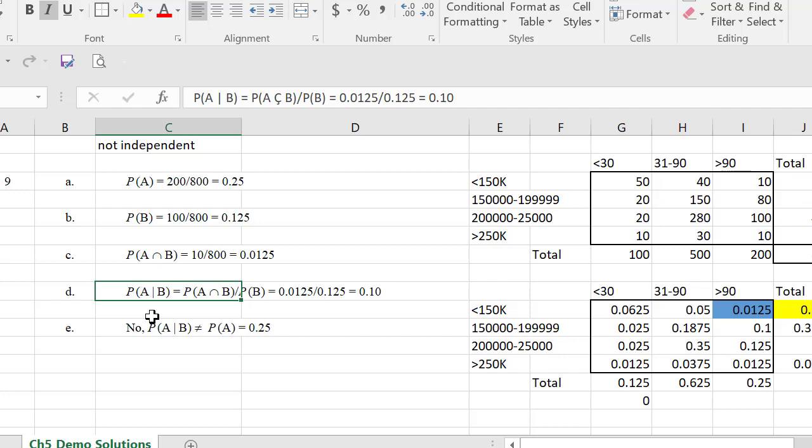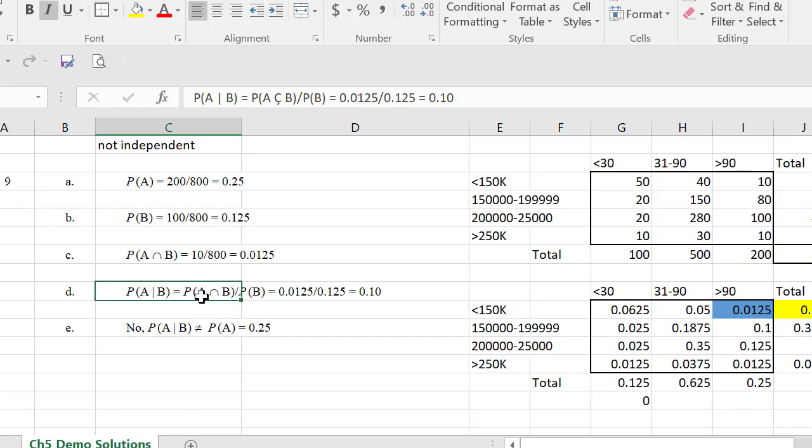And again, they mentioned 150,000 first, so that's our probability of B. So that's 0.125. We know that if we have this as our probability, we can calculate that with the intersection divided by the probability of B.